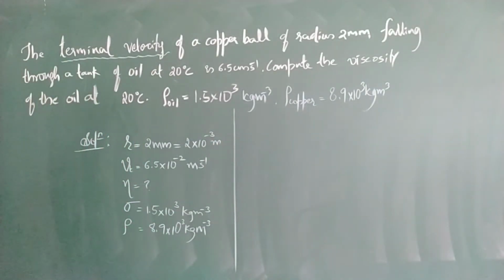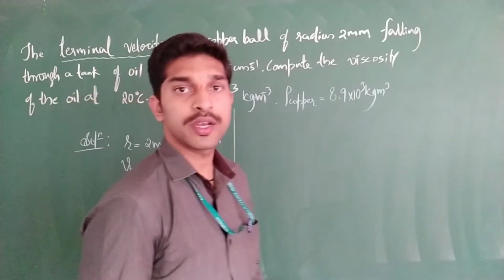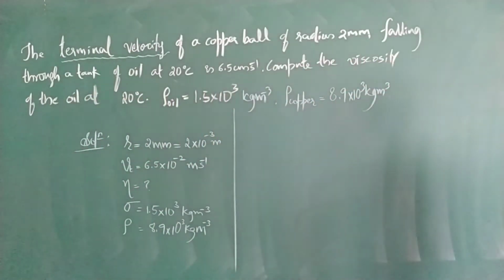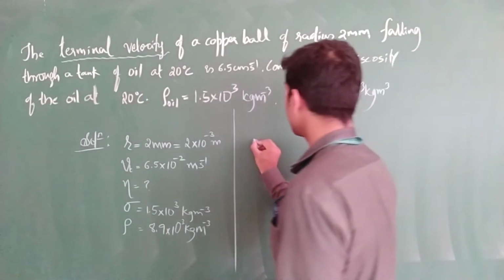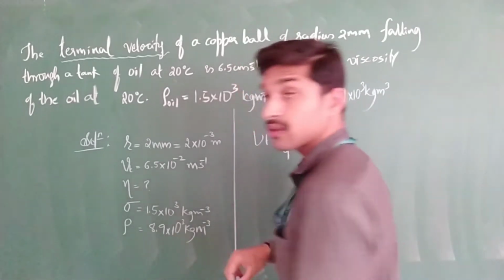How can you solve this question? How can you proceed? What is the formula? Terminal velocity Vt equals, we had derived it now.